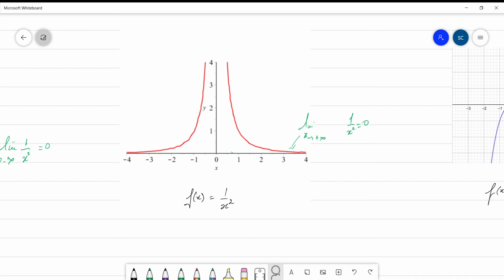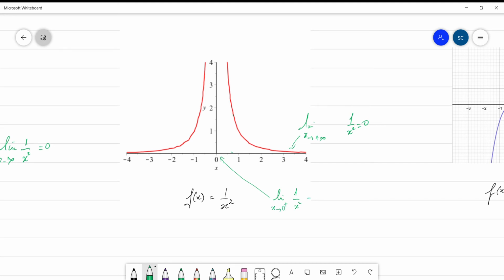Intuitively, indeed, this is what we see. We can express this behavior by writing the limit of 1 over x² as x approaches 0 from the right.